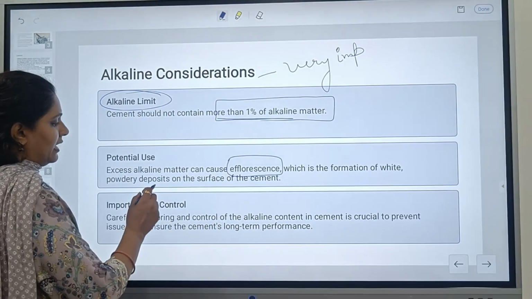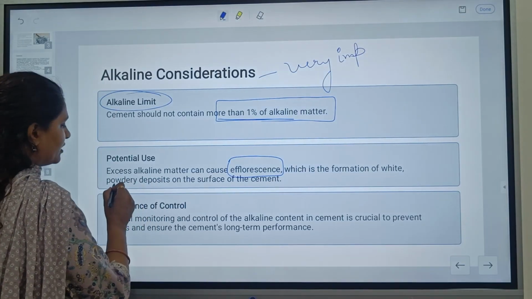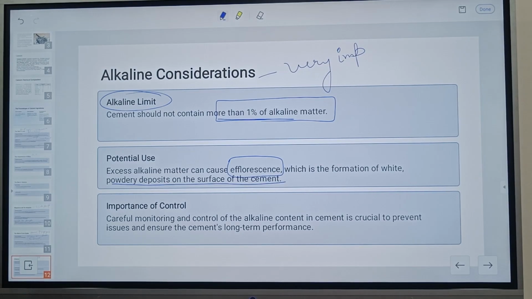Excess alkaline matter can cause efflorescence, which is a formation of white powder deposits on the surface of the cement. And it is very important to control it.